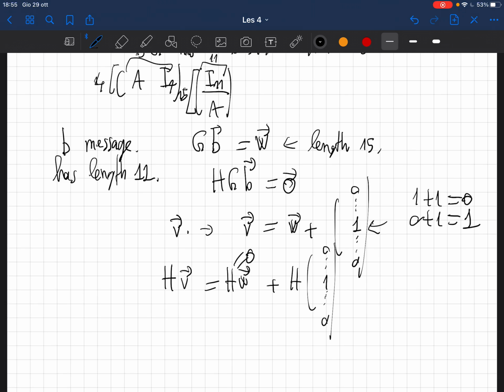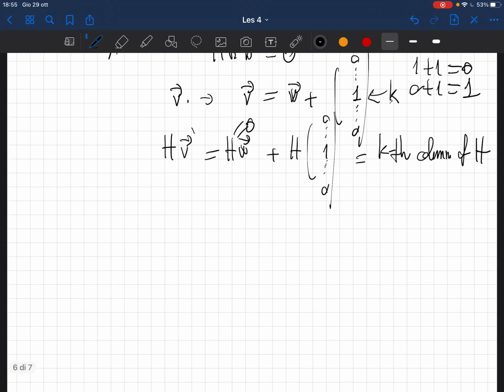But this is a special vector which selects just, say at some position k, the kth column of H. So we have to compute this H times V, and we know we will get some column of the matrix H, correct?